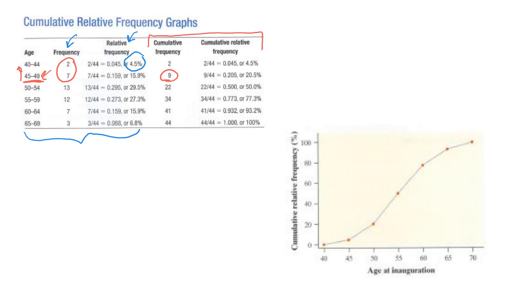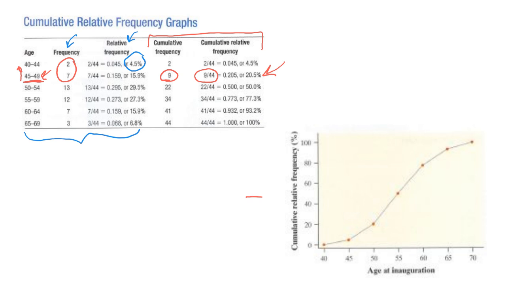And then when I calculate my cumulative relative frequency, now I'm taking that cumulative frequency and putting it out of 44. So what that effectively is giving me is a percentile score, or 20.5%. And I can put that into the graph.